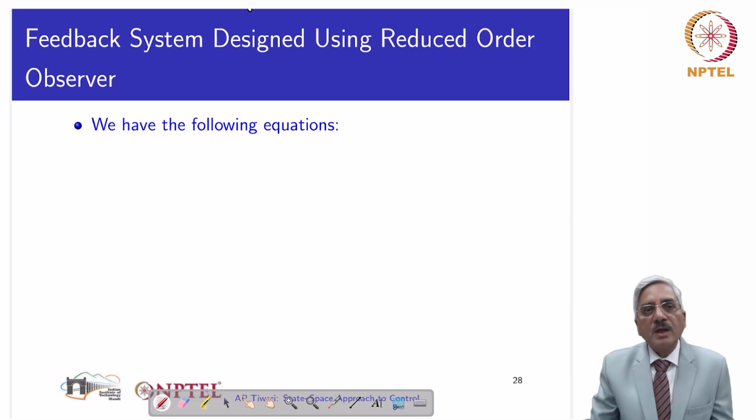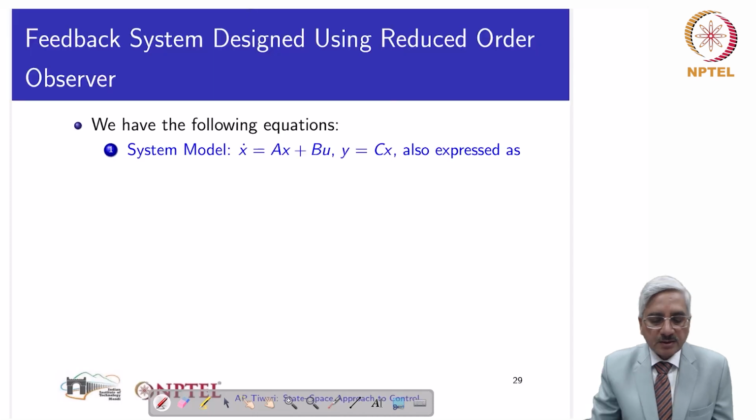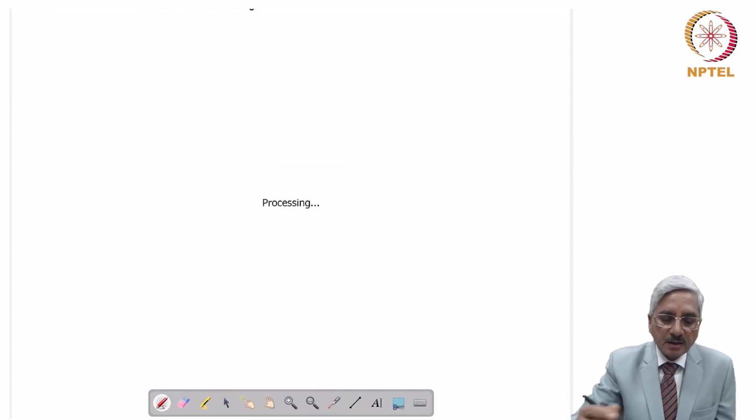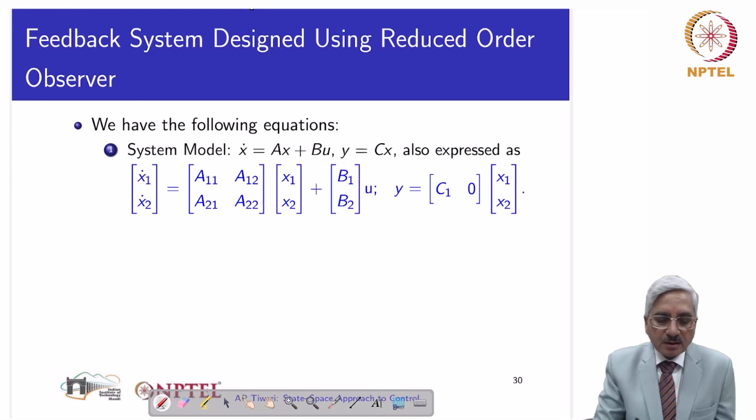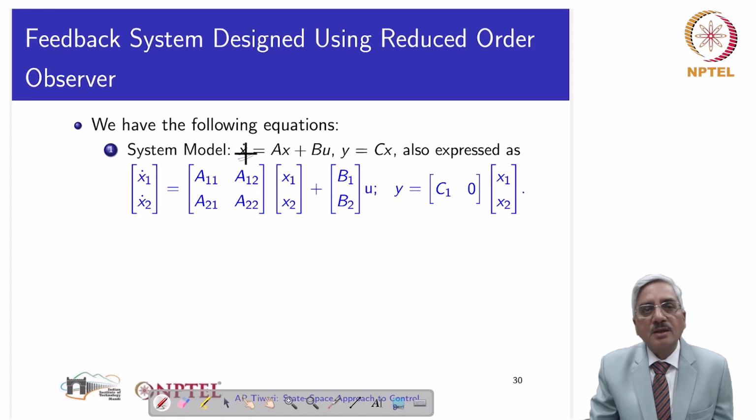Now we want to establish the same thing in case of the reduced order observer. So with the reduced order observer, we have these equations. The system model as before is this. However, it is expressed into this partitioned form. The state x is assumed to contain two groups of states.